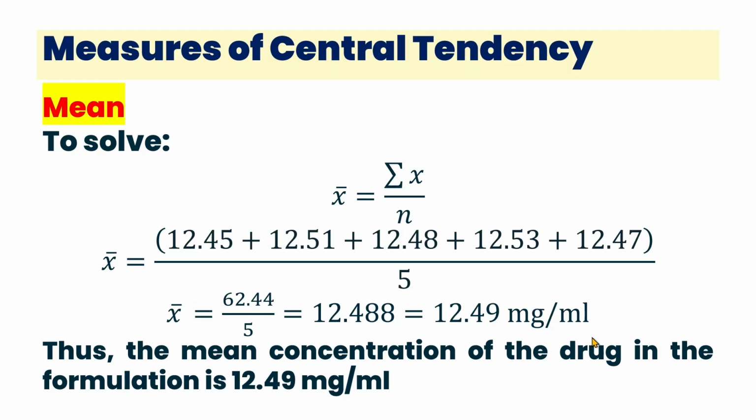Following the rules for significant figures, since 5 is an exact number, it is not included in counting, but the measured values are included in counting. There are 4 significant figures in 62.44, that's why the answer is 12.49. Thus, the mean concentration of the drug in the formulation is 12.49 milligrams per ml.